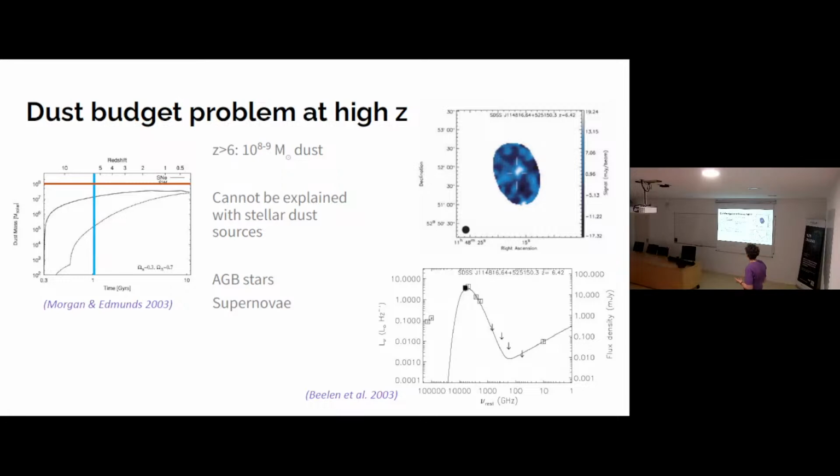So almost all the dust formation at this early stage is due to supernovae, massive stars. This red line here is the dust mass reported, and this blue line is the moment in time. So you need to get this amount of dust, and we're an order of magnitude away from that. This was being dubbed the dust budget problem.